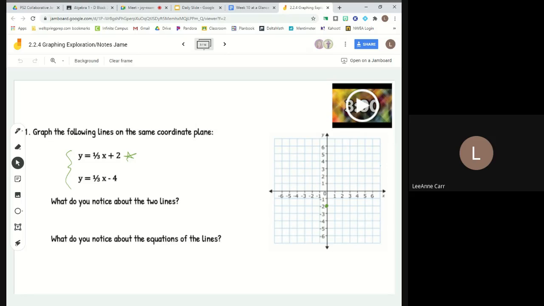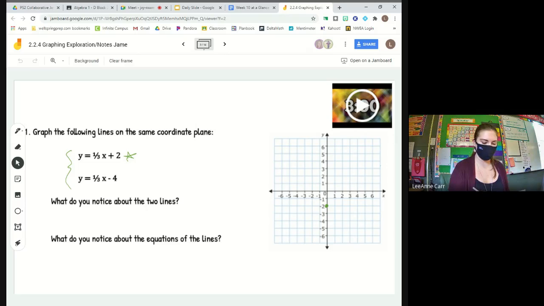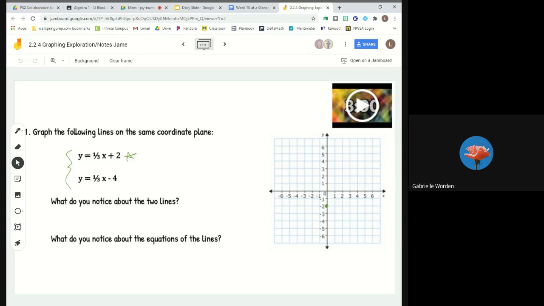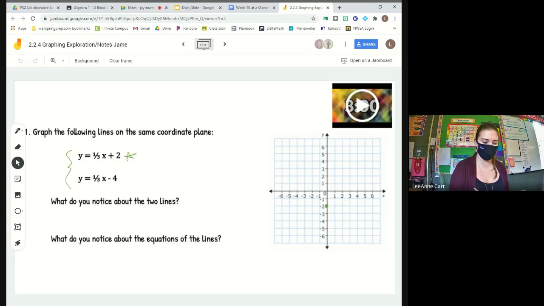I think you got it a little bit mixed up. Remember, it's rise over run. So if it's 1 over 3, what's my rise? 1. Uh-huh. And since it's positive, we're going to go up 1 and then over 3. Does that make sense, Gabrielle? Yeah. Awesome. And we put our dot here. You can turn off your mic. Thank you. And then we're connecting our dots to make our line.